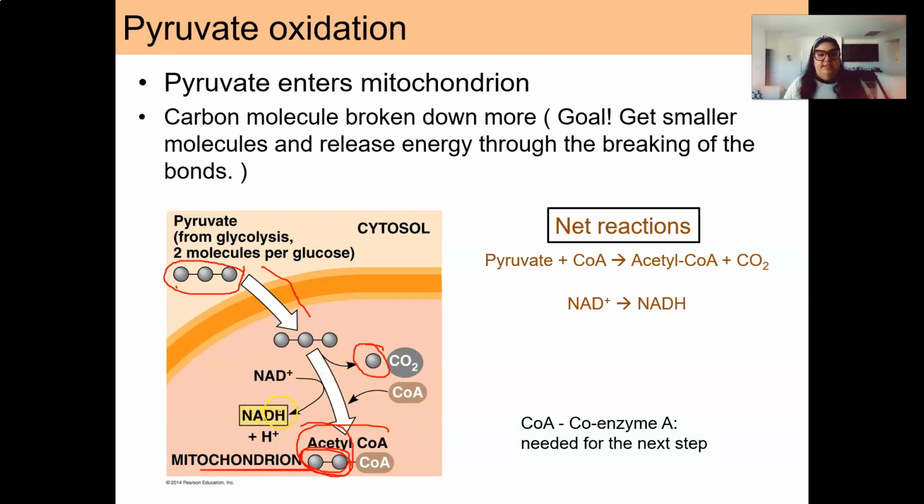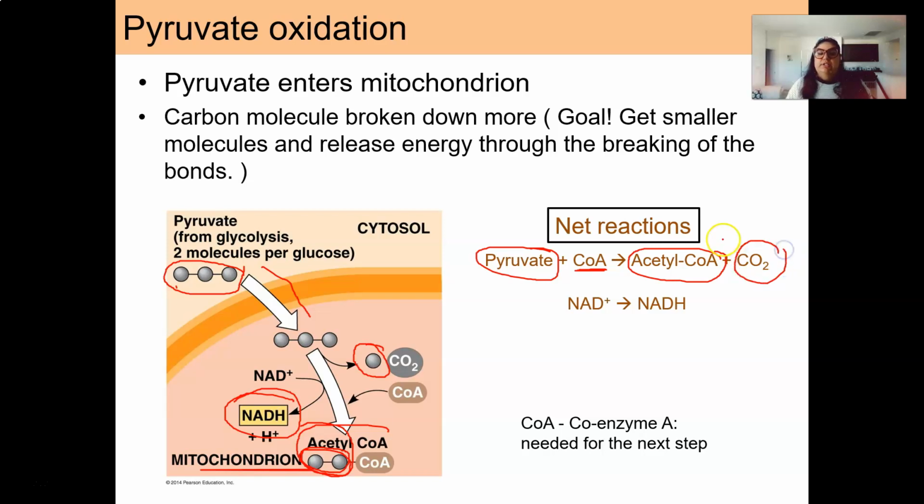We also get another electron carrier, NADH. So over here on our reactions, we get pyruvate, we get CoA, coenzyme A, which is an enzyme that helps our reaction. Then we get our molecule, acetyl-CoA, which is that 2 carbon molecule, and we get CO2.